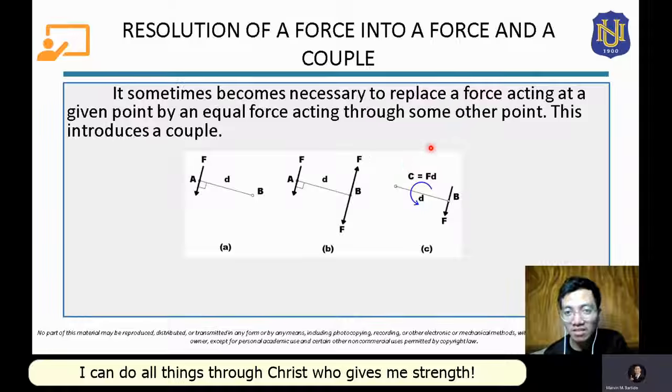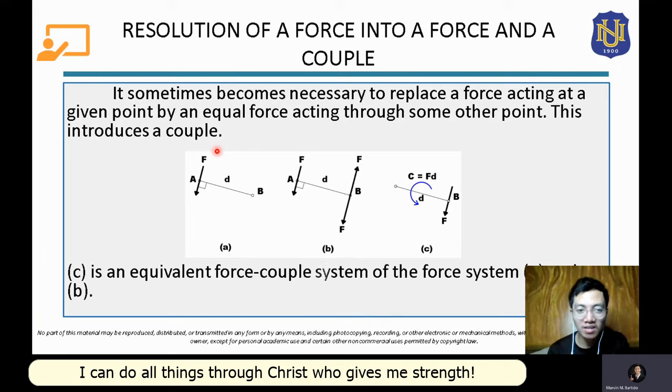This force and couple system is equivalent to the original force system. Again, the force-couple system in figure C is an equivalent of the force system in figure B. So this is the resolution of a force into a force and a couple.